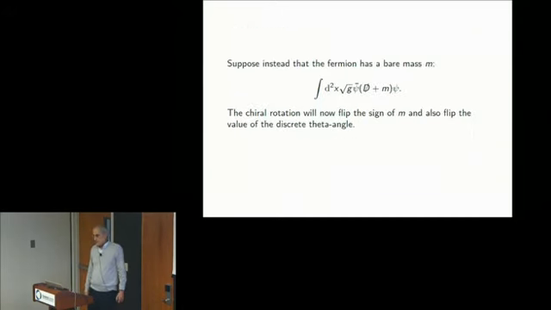Now, suppose the fermion has a bare mass M. Then the chiral rotation isn't a classical symmetry. It flips the sign of M, but it's still going to flip the sign of the discrete theta angle. Since the discrete theta angle was discrete, its being flipped or not flipped can't depend on M.